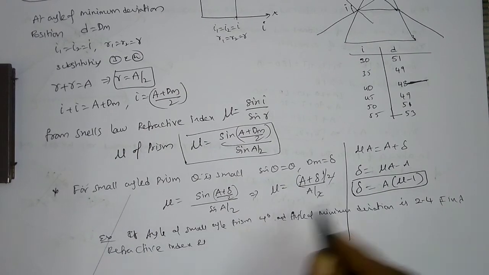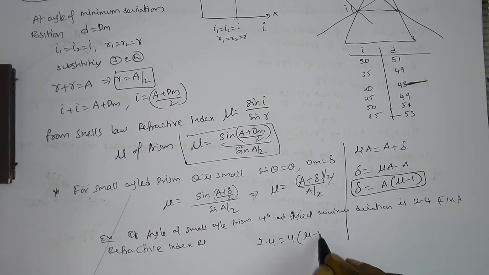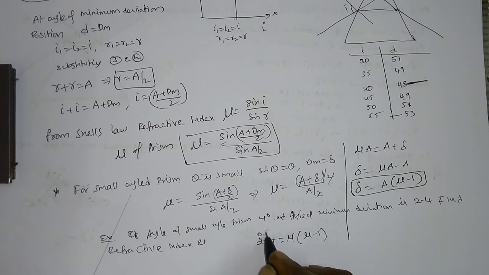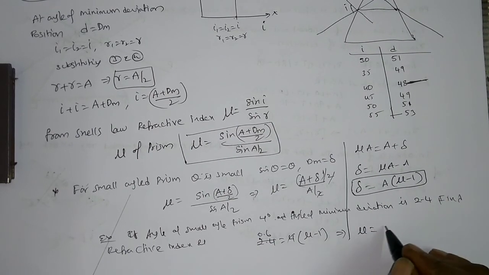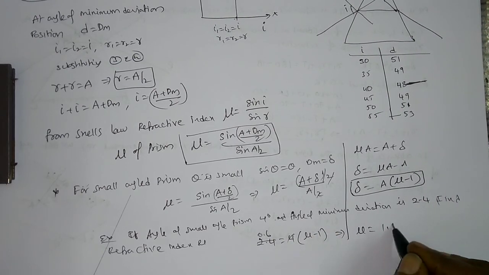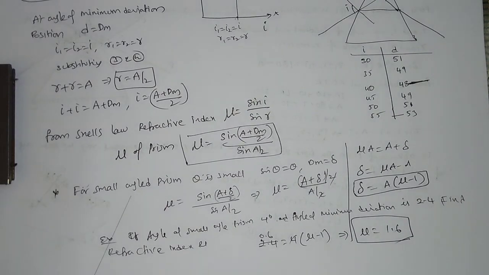So substituting this, you will get 2.4 is equal to 4 into (mu minus 1). That gives 0.6, that is equal to mu minus 1. Minus 1 going that side, 1 plus 0.6, that is 1.6. So in this way some small problems will be there.